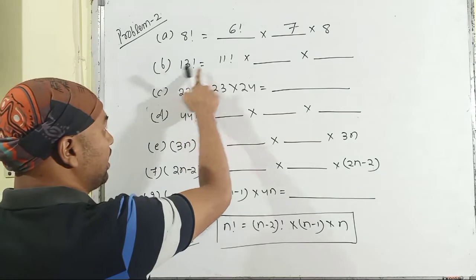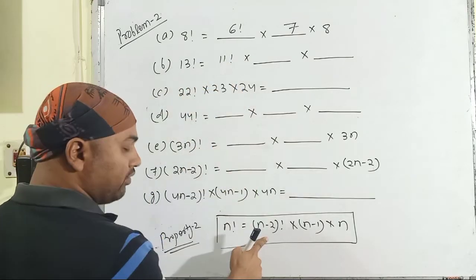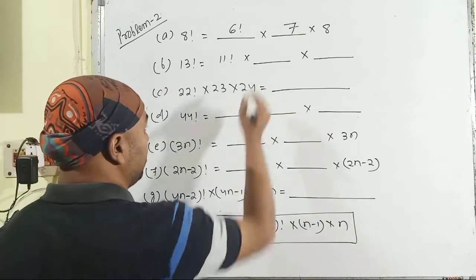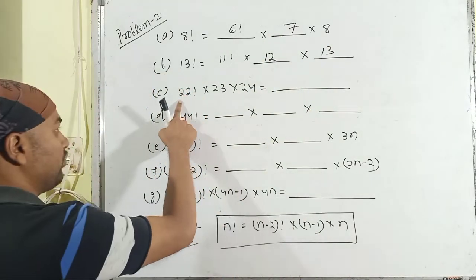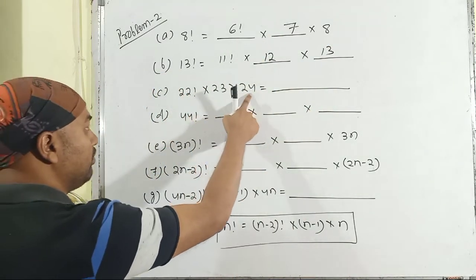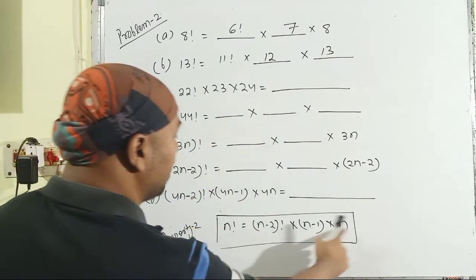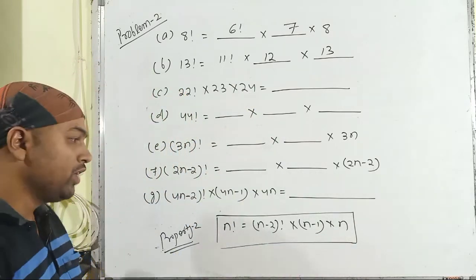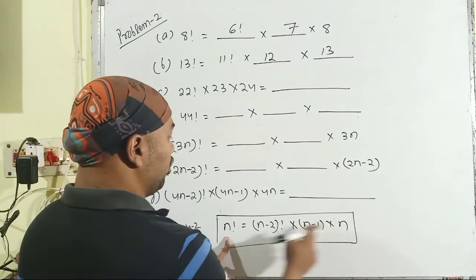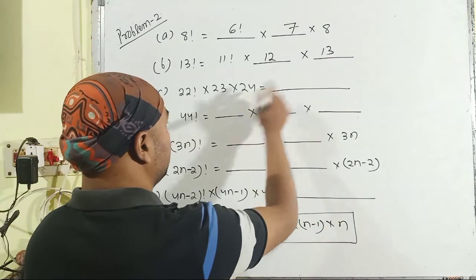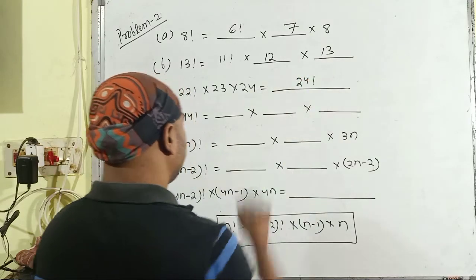Then 13 factorial can be expressed as 11 factorial, which is given; the next two terms we have to write here, that is 12 and 13. Then 22 factorial multiplied with 23 multiplied with 24: the total right hand side is given, just write the left hand side, which is none other than factorial of the last part, that means factorial of 24.